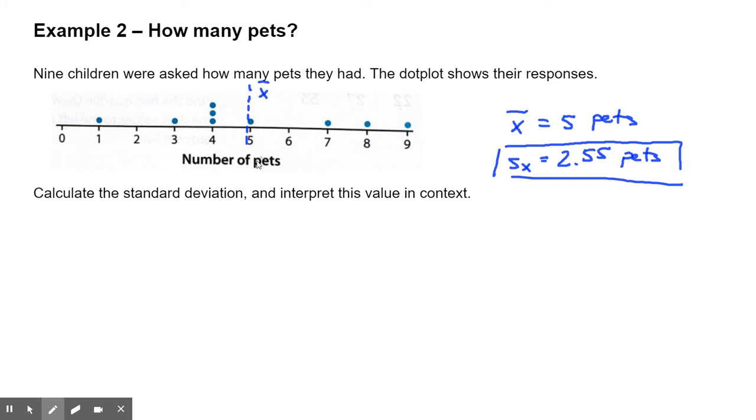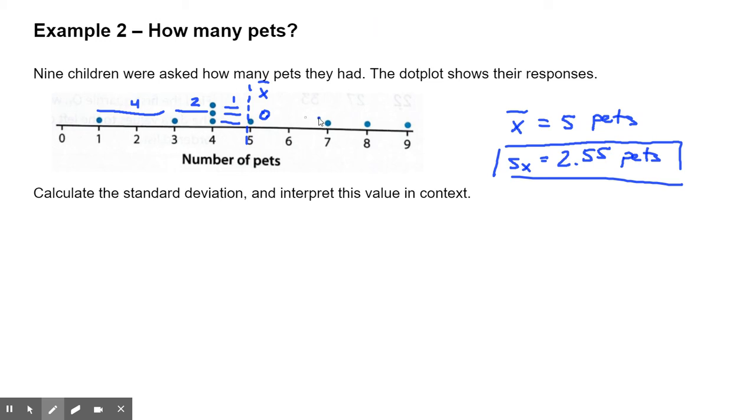This is not exactly correct, but this is how I think about standard deviation. So if I measured how far all the other dots were from 5. So first of all, this dot is 0 away from 5 because it's 5, right? So that distance is 0. But then these three each have a distance of 1. This dot has a distance of 2, and this dot has a distance of 1, 2, 3, 4 from 5.